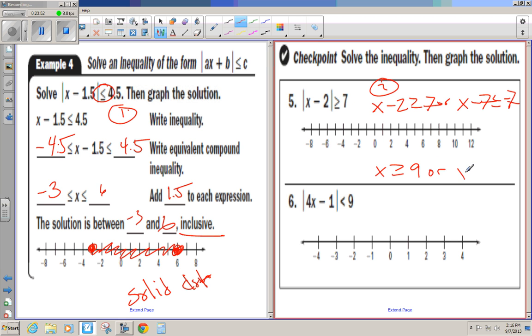Or x is less than or equal to negative 5.